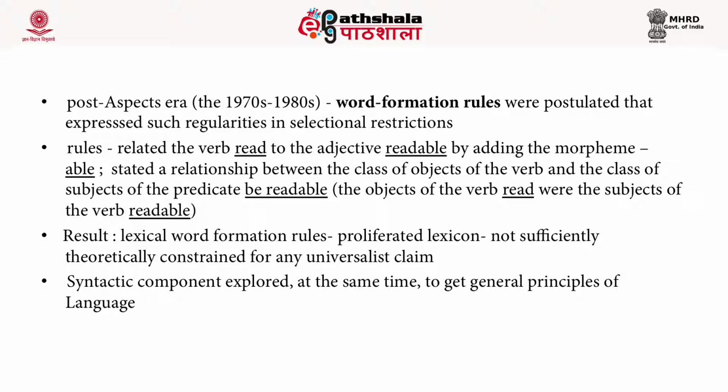This rule also stated a relationship between the class of objects of the verb and the class of subjects of this predicate be readable. The object of the verb read was what was going to become the subject of the predicate being readable. The result of all this was that we had lexical word formation rules coming into our theory now. This proliferated the lexicon we had established at that point.